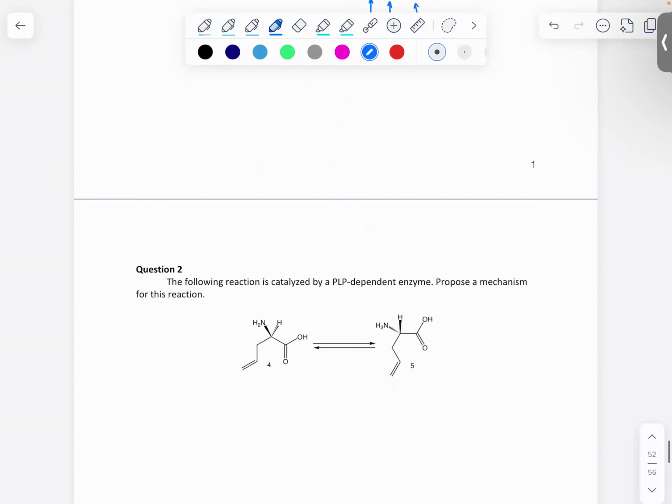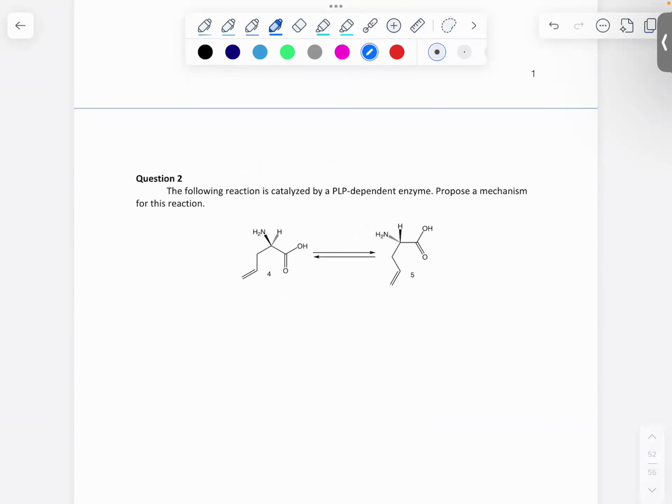So now, looking into these reactions, we have a PLP-dependent enzyme that does the racemization of 4 to 5. So proposing a mechanism to this follows pretty much exactly the PLP mechanism that is in the slides. And so PLP, we draw that out.